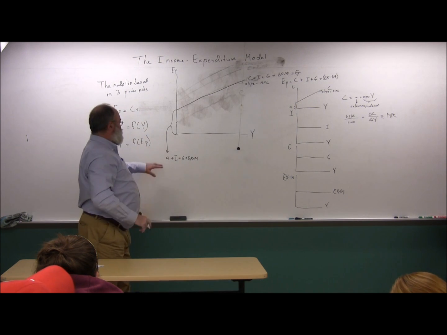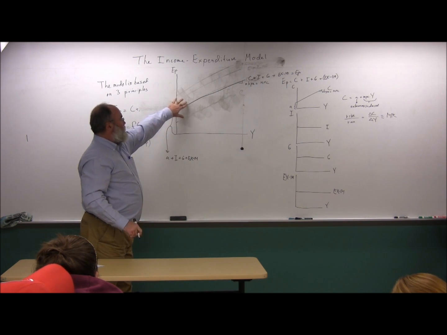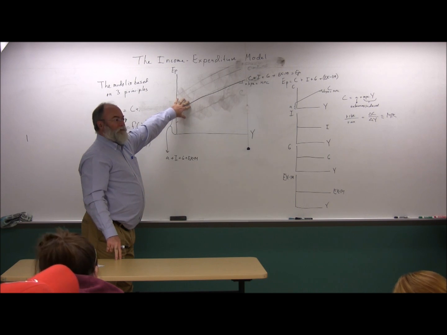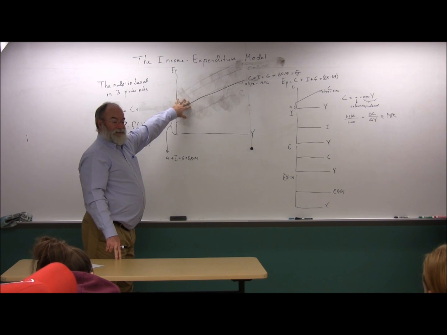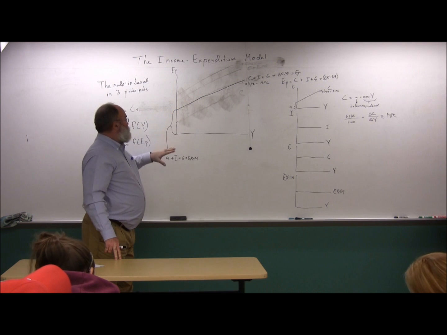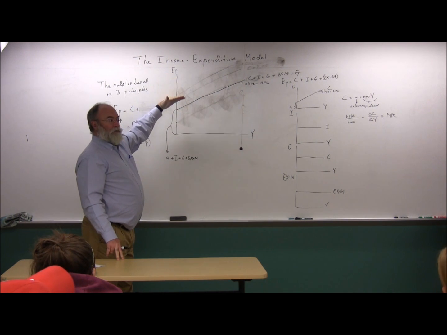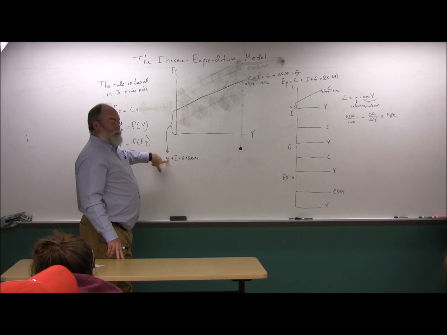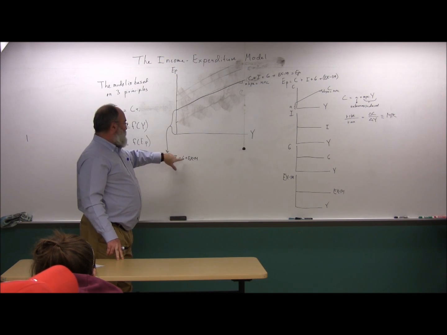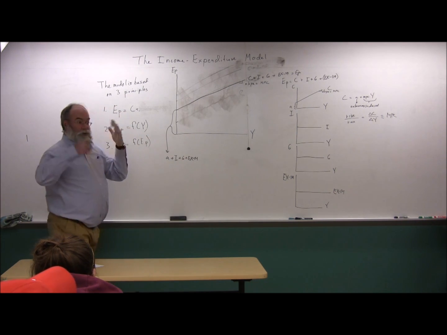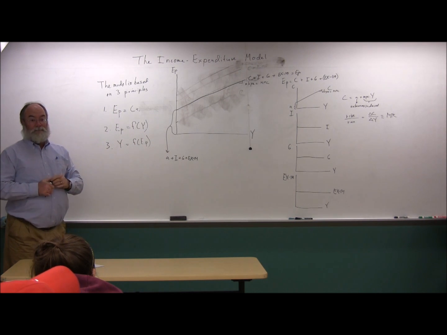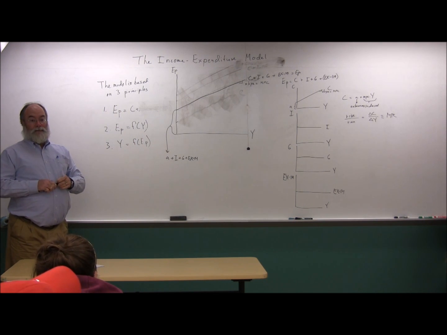Okay? Think of it this way. The only contribution to the slope of EP is the MPC. What determines the position, whether it's high up or low down? Well, autonomous consumer spending and the other three things, which are also autonomous, that is independent of income. So A equals autonomous consumer spending.